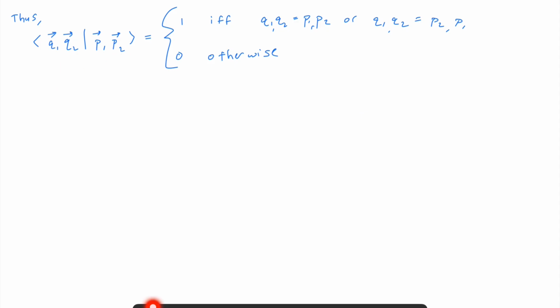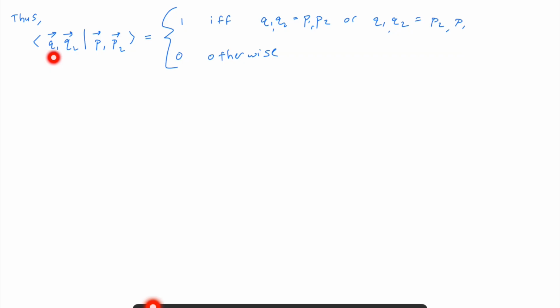And what it states is what you may intuitively know from earlier lectures, basically that if I have a two-particle state, which is technically a Fock state, and I take the inner product with another two-particle state, Q1, Q2 with P1, P2, I'll get 1 if these two things are identical, which you could say means Q1 equals P1 and Q2 equals P2.